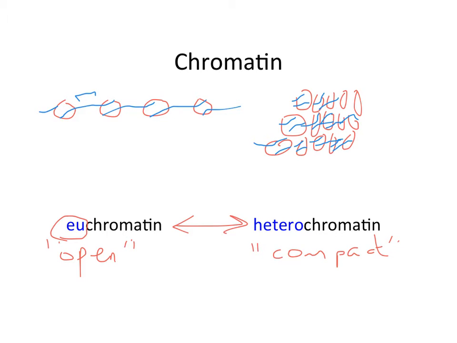But the DNA now, you can see, maybe, with my horrible drawing, is much more tightly associated with proteins. There isn't this linker region of DNA that's not associated with proteins between the nucleosomes. So these define, to an extent, what euchromatin looks like versus what heterochromatin looks like.